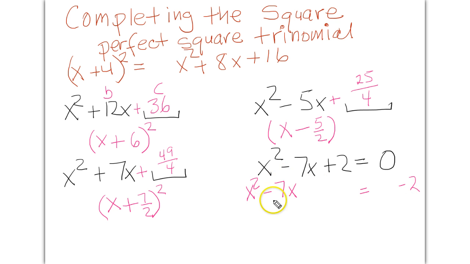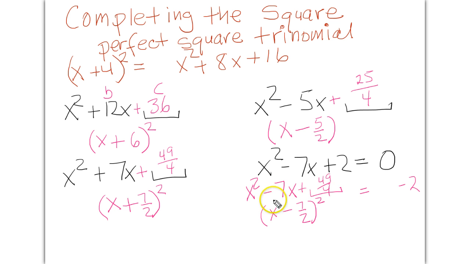Now, we want to complete the square because we want a new c term here. So we put our parentheses. In fact, we did this one already, but let's just do it again. Our sign goes there. This is an x. We take half of that, which is 7 halves. And now we square 7 halves, and we get 49 fourths.